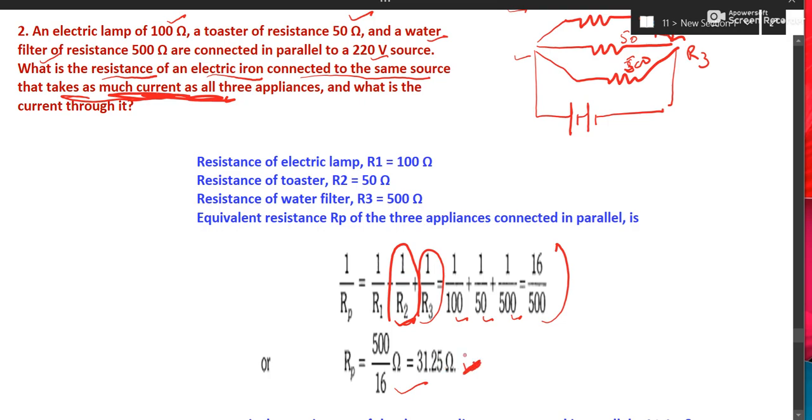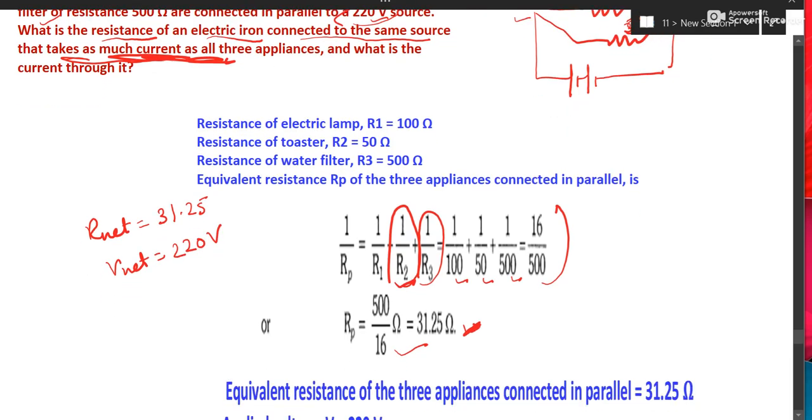So this is net resistance. Net resistance of all three came as 31.25. What is net voltage? You can see net voltage is here, 220 volt. So you can find out net current: V upon R.